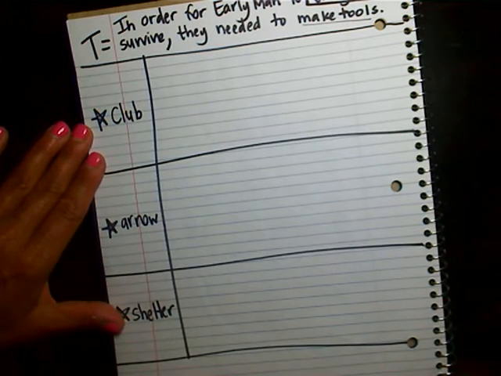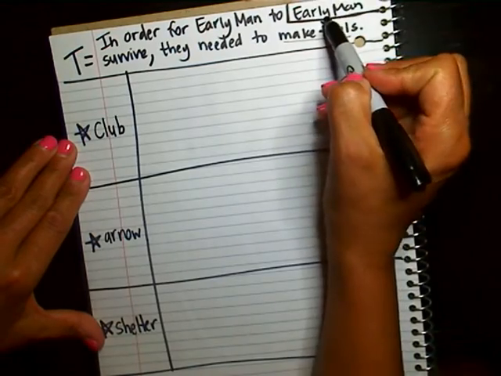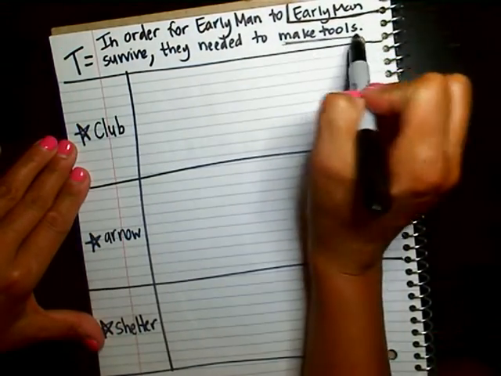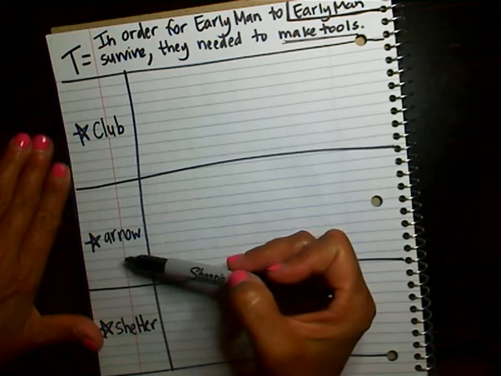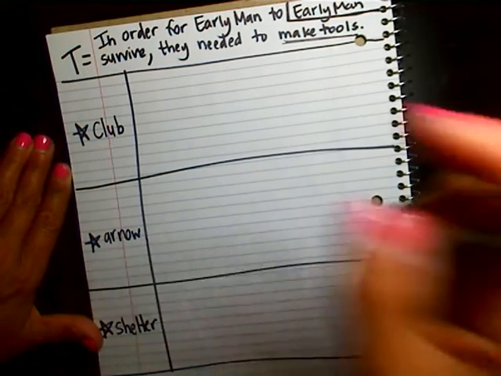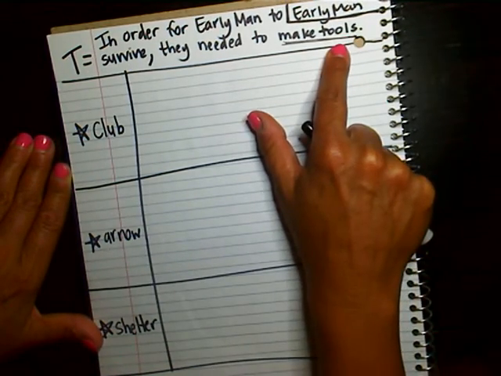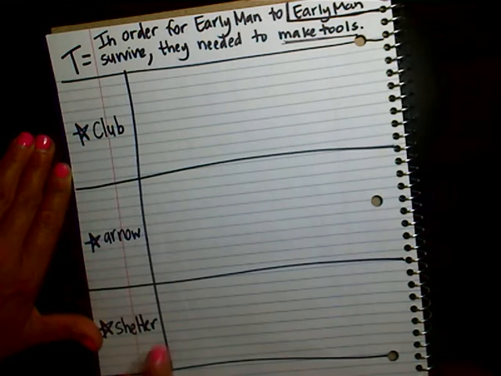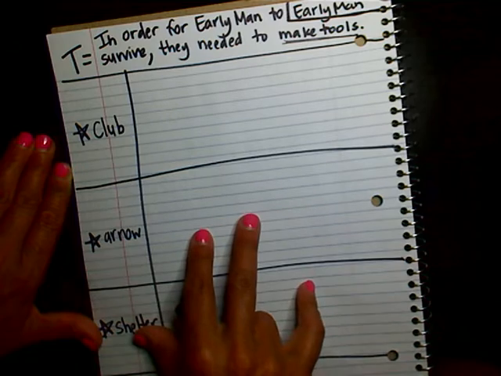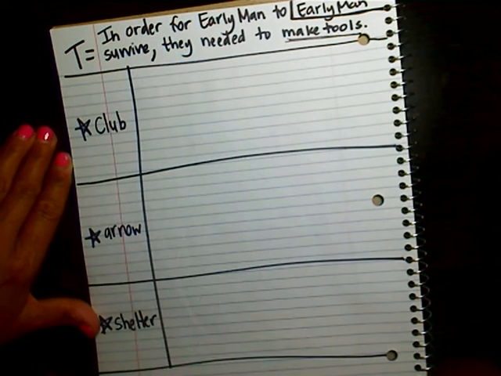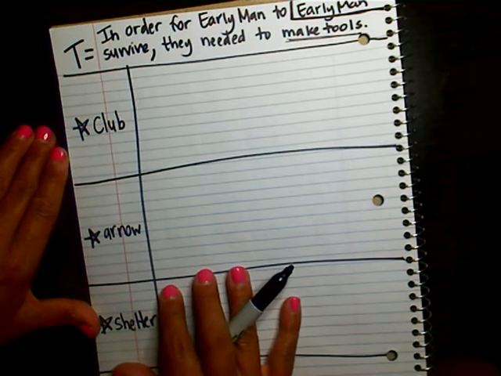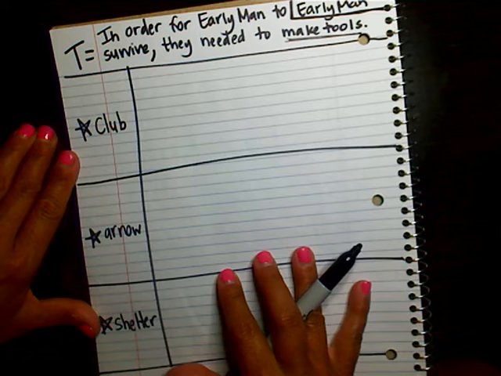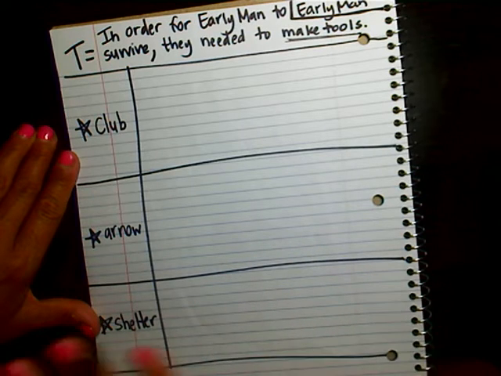These 3 stars must go with early man making tools. If I wrote buffalo over here, that's not a tool. I need to make sure that my essay is on focus. If I take time in my plan right here, your essay is going to be spectacular. The more time you take preparing, the better your essay will be, and you can just transfer.